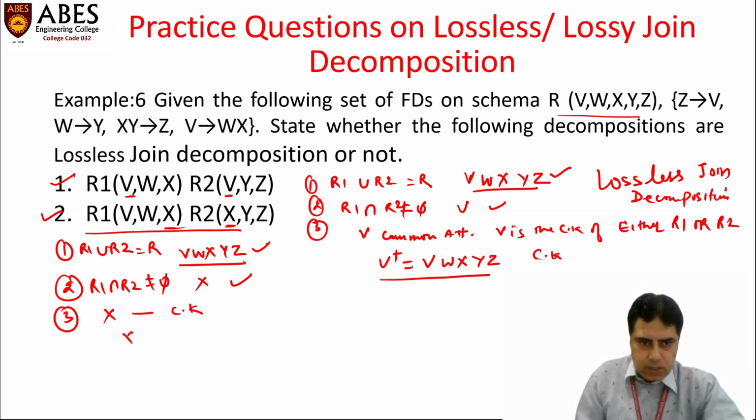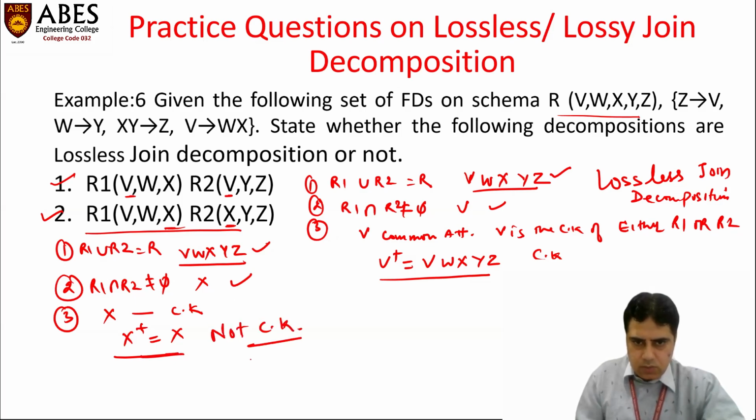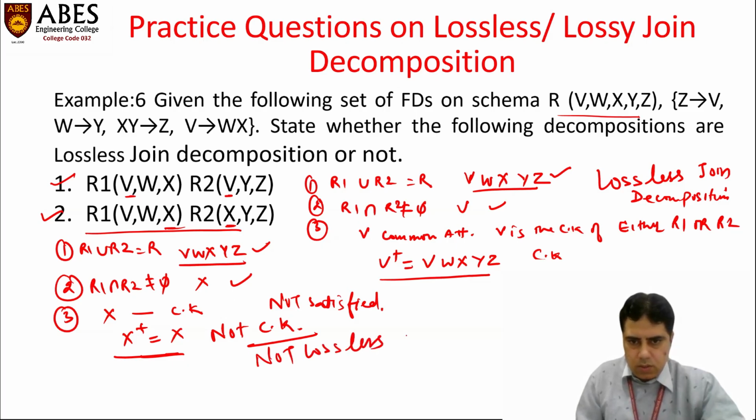So take the attribute closure of X from the given functional dependencies. From X, we can determine only X. We cannot determine anything else. So this is not the candidate key. So this condition is not satisfied. So we can say that the given decomposition is not lossless, it is a lossy decomposition.